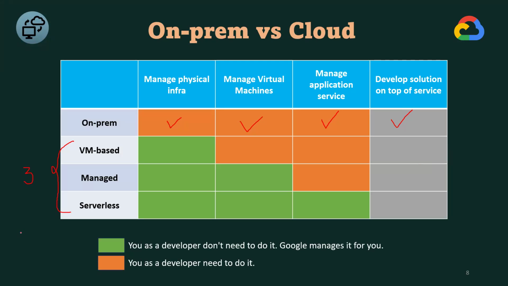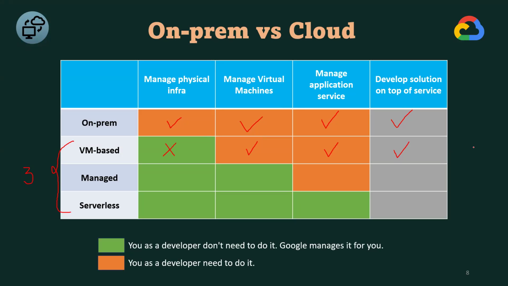In VM based services, we don't need to manage the physical infrastructure. That will be managed by the cloud provider itself, and we have to worry about managing the virtual machines, managing the application service, and developing the solution.